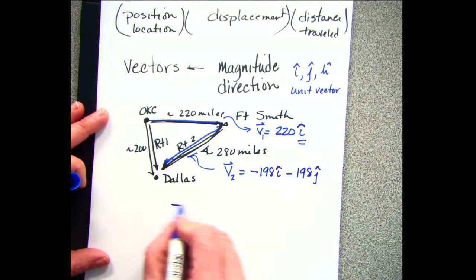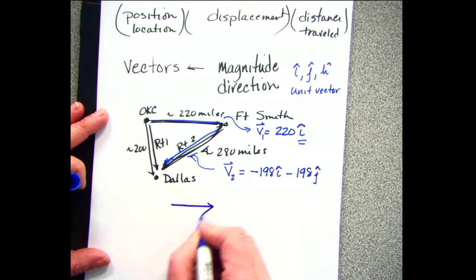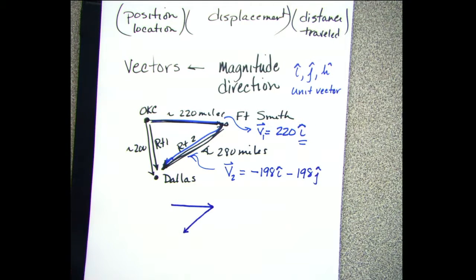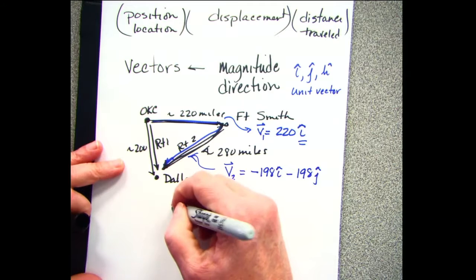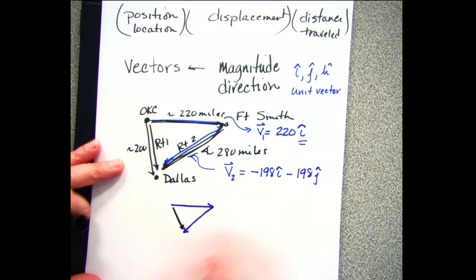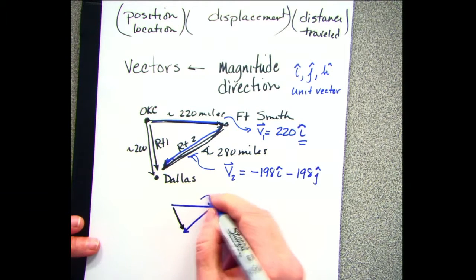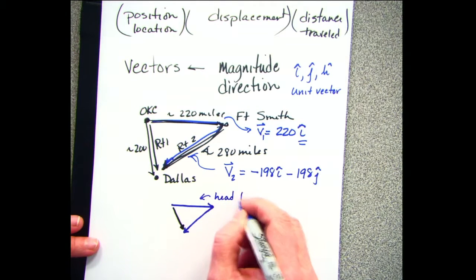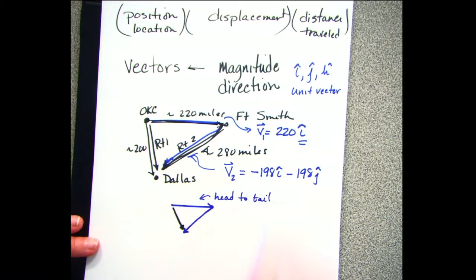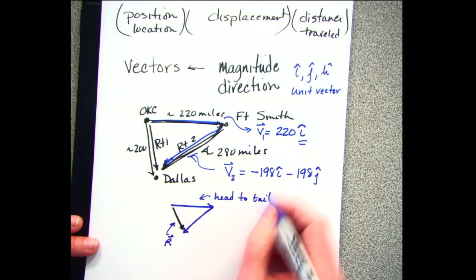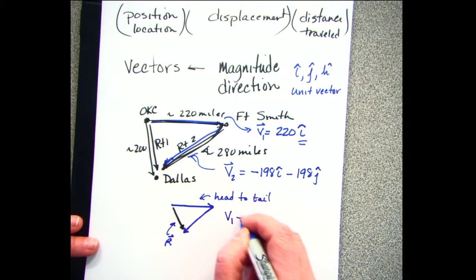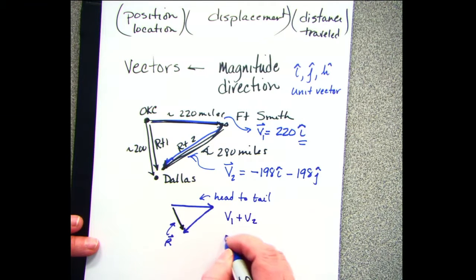So I have a vector that looks like this, and I have a vector that looks like this, and I end up with, if I'm adding, because I can add vectors head to tail, because we can add it geographically, and I end up with an R vector here, which is my resultant vector. And if I do this, I can take vector 1 plus vector 2, and I can add my x directions.